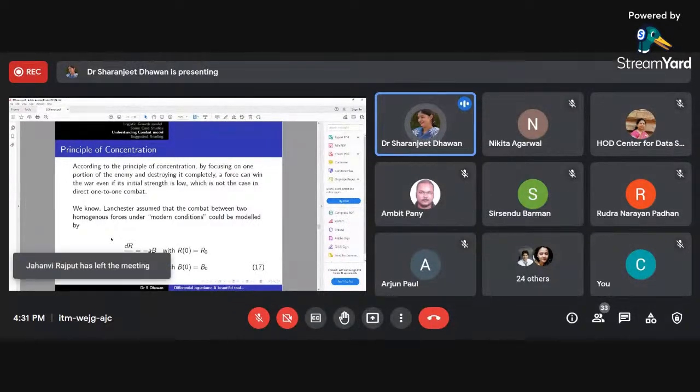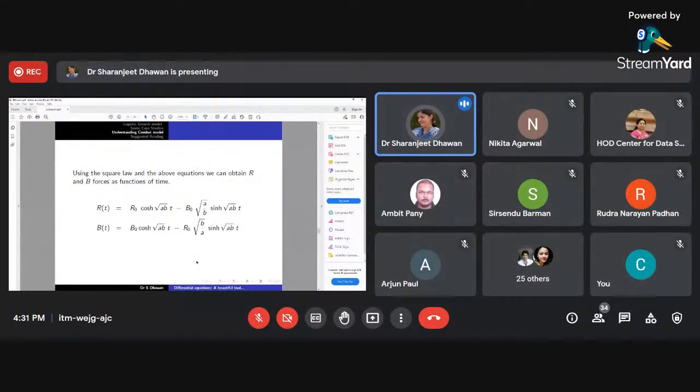And we know that Lanchester assumed that the combat between two homogeneous forces under modern conditions could be modeled by these two equations, which we saw earlier also in the square law. So we can use them again. Using the square law and the previous equations, we can extract the expression for R and B. Let us see with the help of an example how it works.